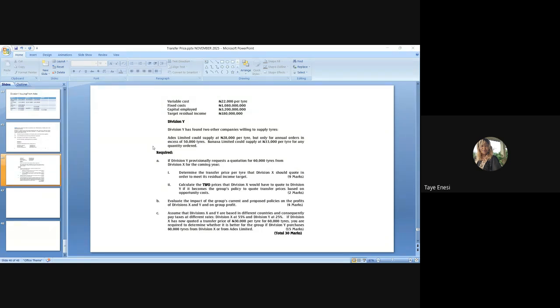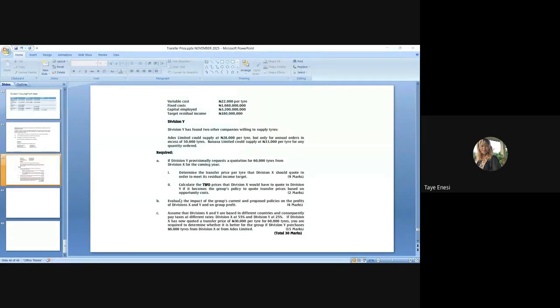A. Division Y provisionally requests a quotation for 60,000 tires from Division X for the coming year. 1. Determine the transfer price per tire that Division X should quote in order to meet its residual income target. 2.